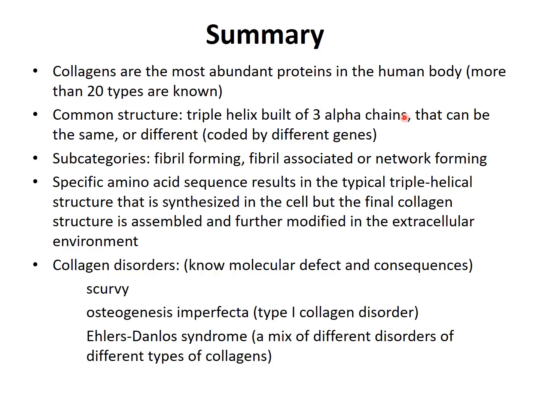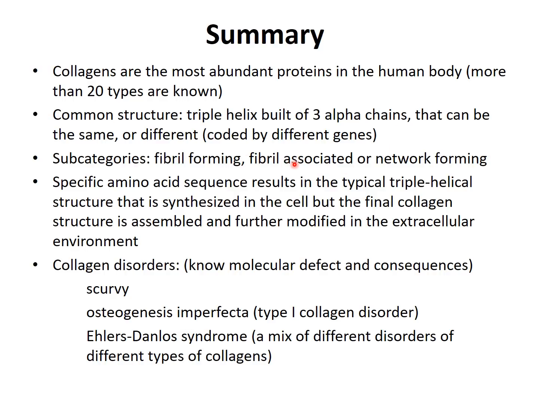And one example was type 1: alpha 1, 2 copies, and alpha 2, 1 copy for the triple helix. These alpha chains are coded by different genes, and depending on the collagen type, which of these collagen genes will be activated determines how the triple helix forms.